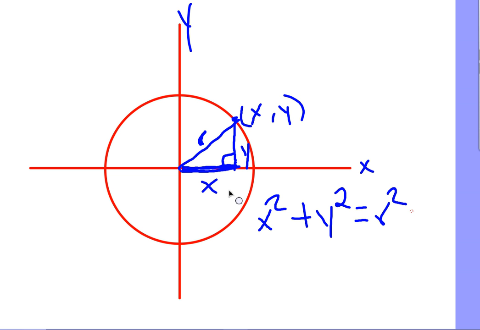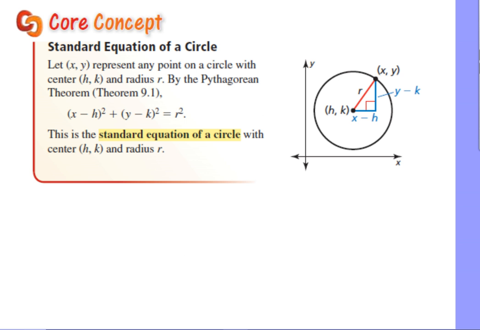The only way it really changes is what happens if we shift it away from the origin. If we shift it away from the origin, we have to take into account the changes horizontally and vertically. So the standard equation of a circle is x minus h quantity squared plus y minus k quantity squared equals r squared.